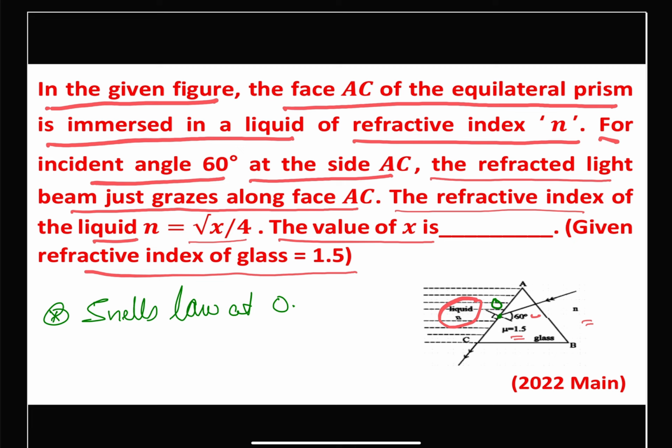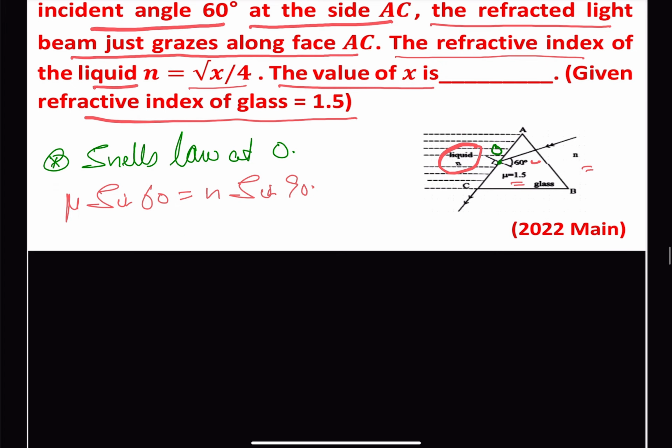we can write that mu sine of 60 is equal to n sine of 90. Mu is 1.5, so we can write this as 1.5 times sine 60, which is square root of 3 divided by 2.